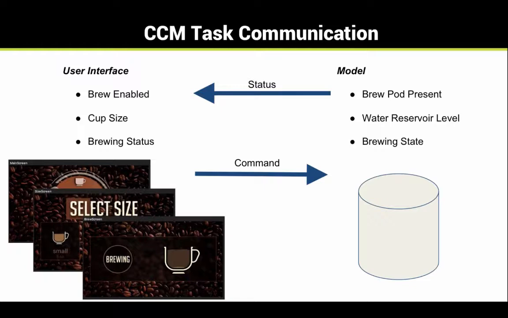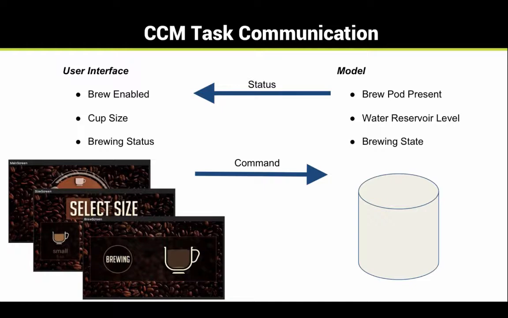So we're going to start on the right-hand side here and think about the model. What does our coffee machine actually do? What are the core competencies of the coffee machine, and what kind of interactions is it going to have? It may be doing a lot of other things, but I'm only concerning myself with those model elements that are relevant for our user interface.